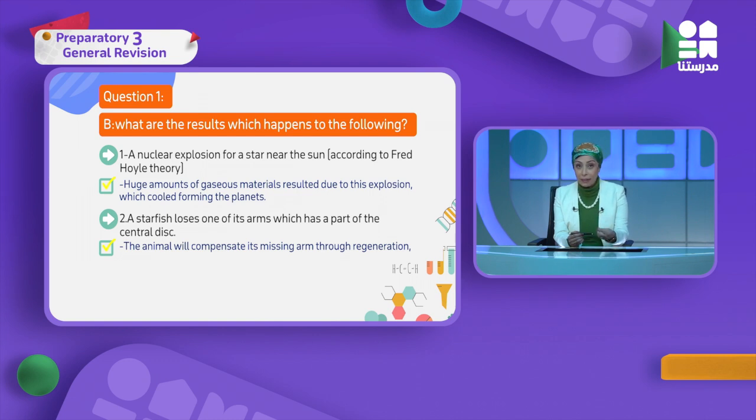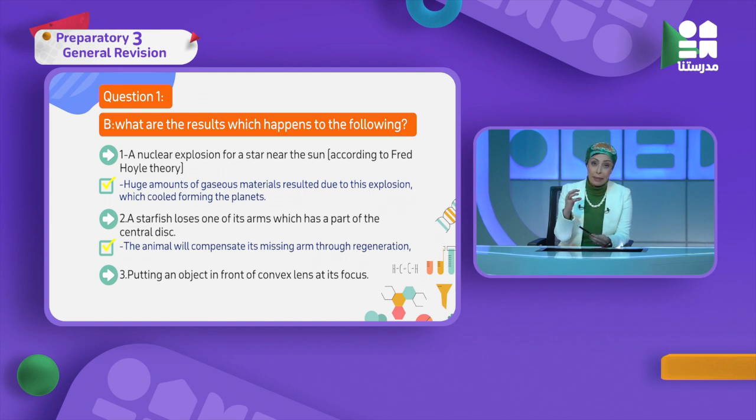A completely new part will grow on the animal. And sometimes, if the missing part is cut from a living organism, it makes another living organism, in one condition: if the cutting is from the growing area, which is the central disk. So here the answer: the missing part will be compensated by the living organism.